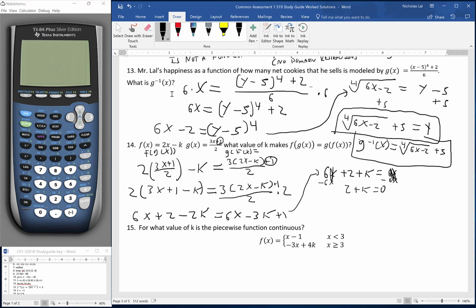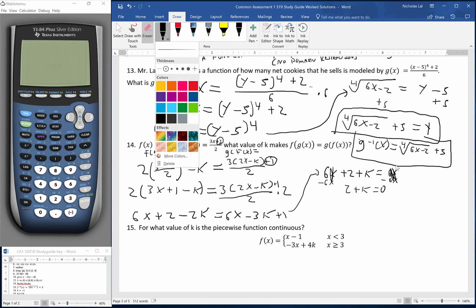So that means this is equal to 6x plus... after I add 3k to each side, I will still have 6x. So this will just be equal to 1.